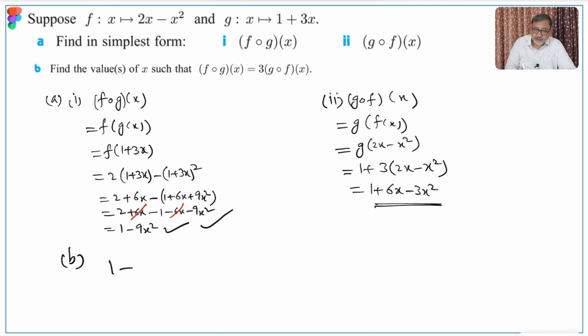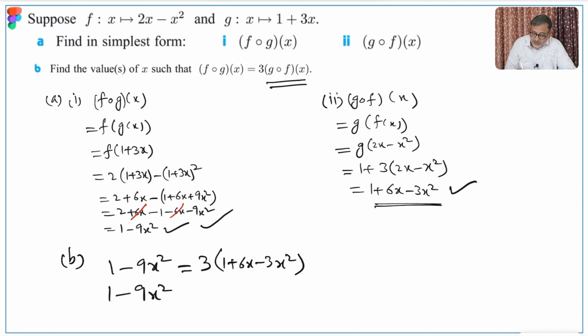So 1 minus 9x square is equal to 3 times g dot f of x. G dot f of x is this. So 3 times 1 plus 6x minus 3x square. So 1 minus 9x square is 3 plus 18x minus 9x square. So both the sides have 9x square negative, so it will get cancelled.